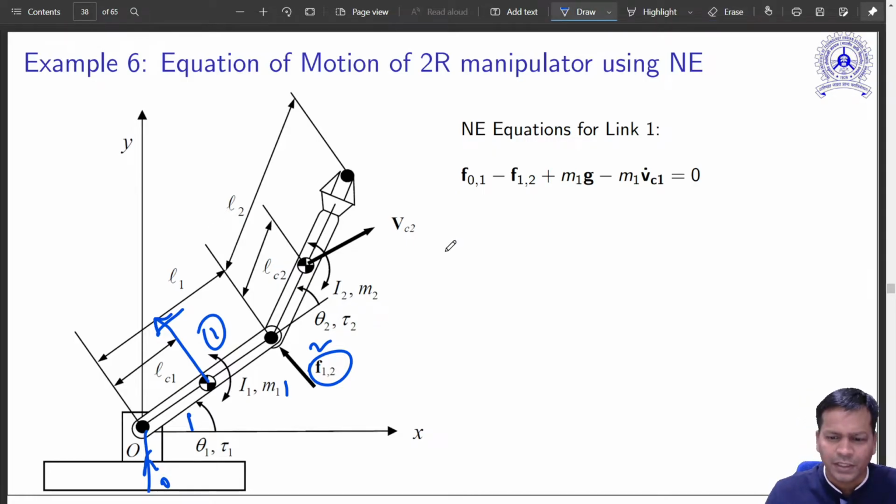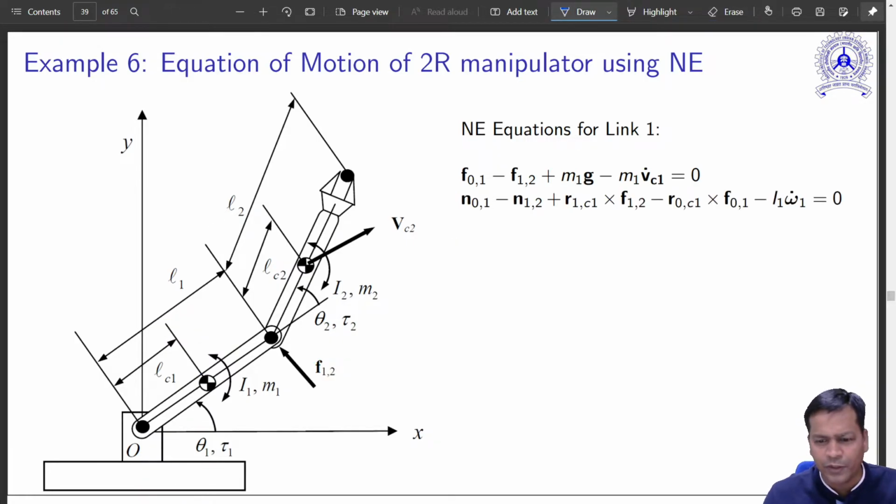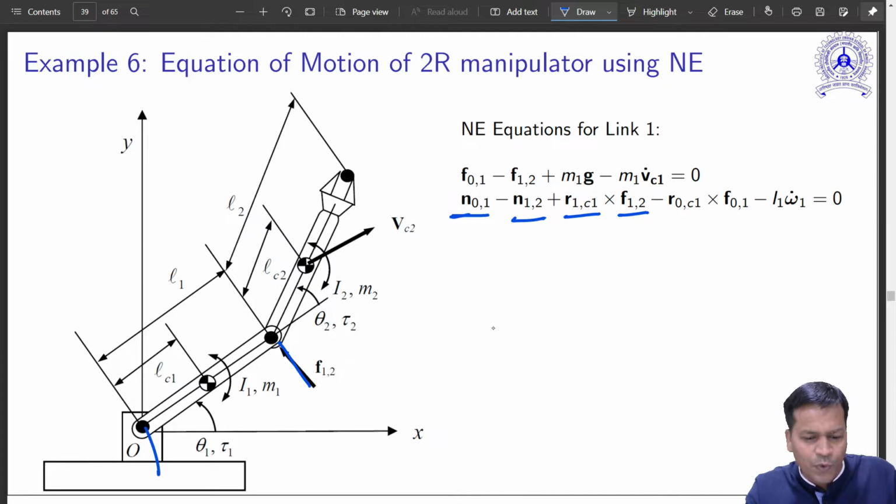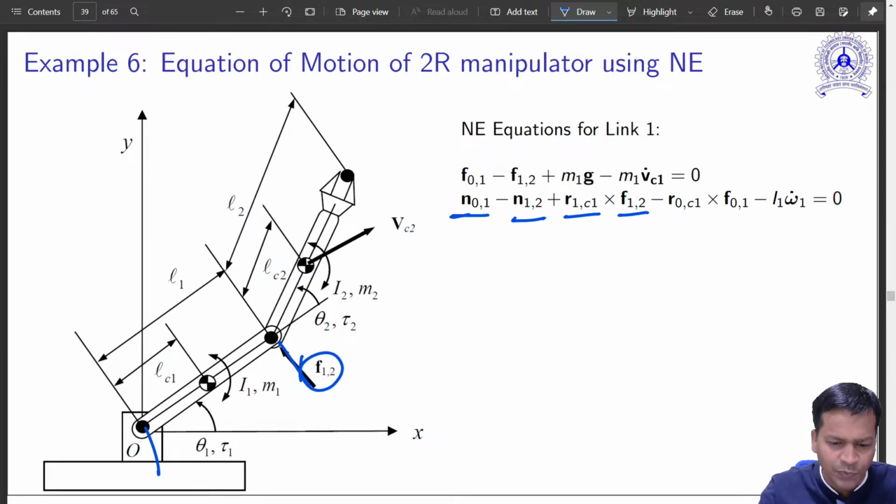Now next, similarly you can draw the moment equation. So N01 here and N12 come here. That is the resultant external moment that acts on this link, and then R1C1 cross F12, where F12 is the force and R1C1 is this distance.